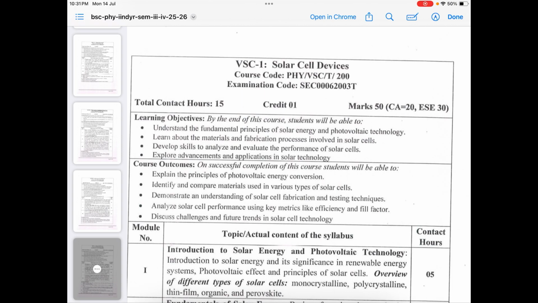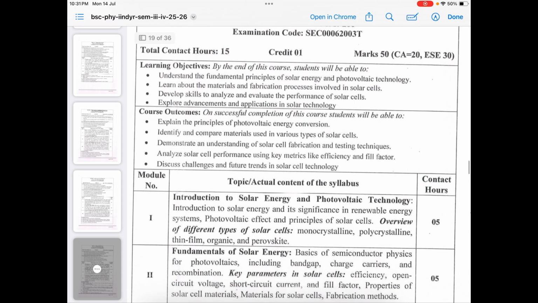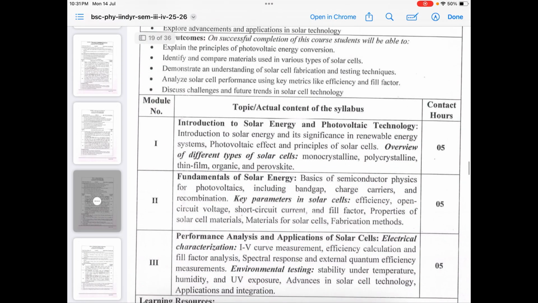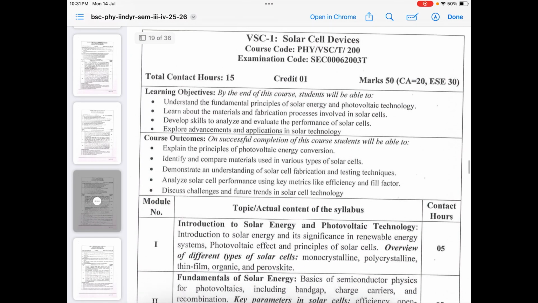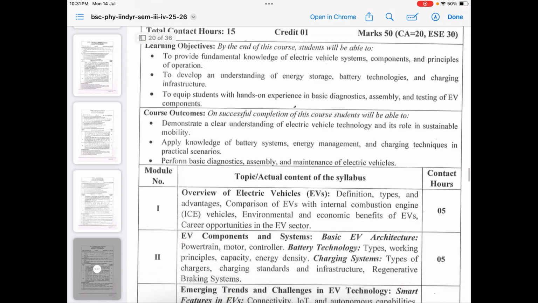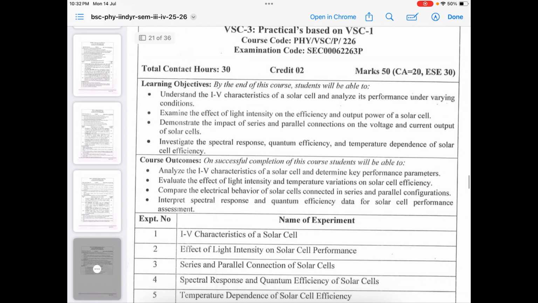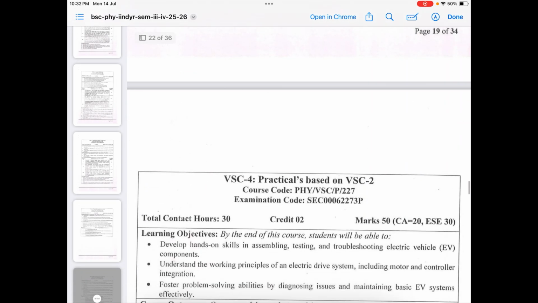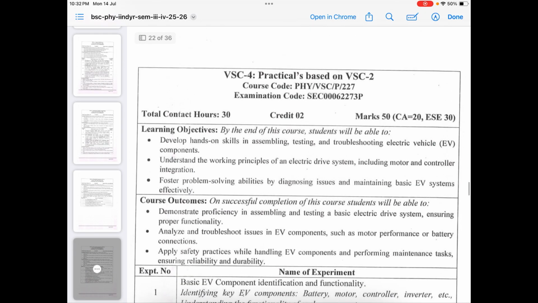The first paper is solar cell devices and the other is electrical vehicle technology. Students have to choose one from these two papers, and based on the paper chosen, they have to perform practicals based on this paper.